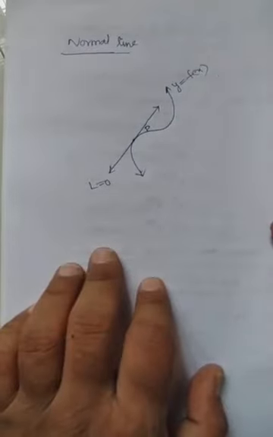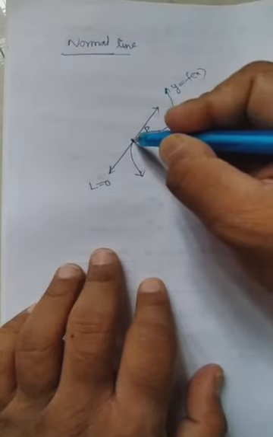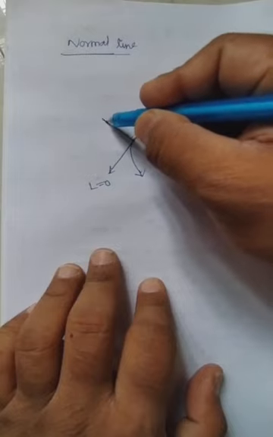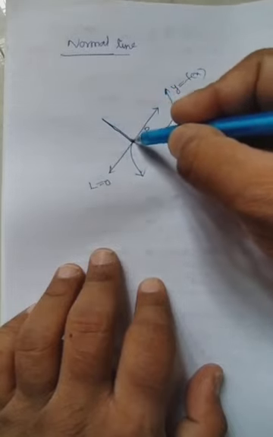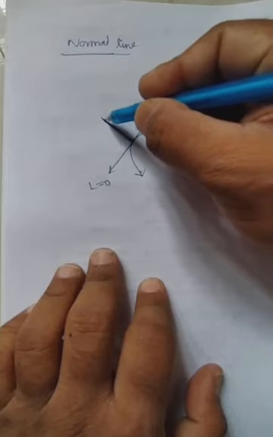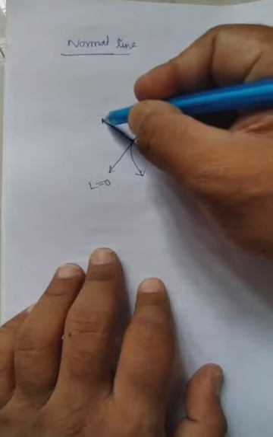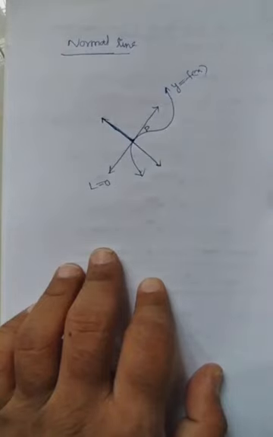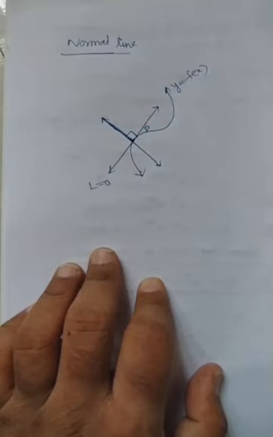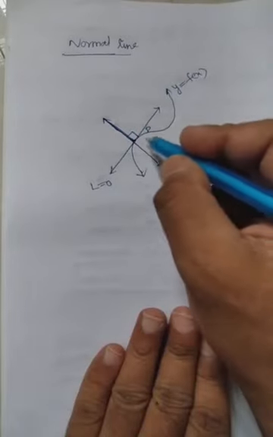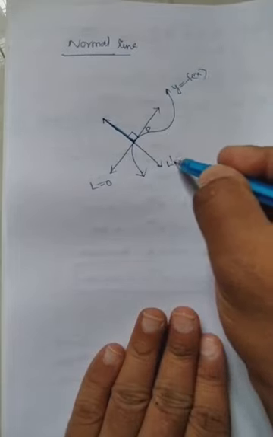And what is the normal line now? The perpendicular line at the same point P. This is the perpendicular line I am drawing to the tangent line at the same point P, and I am naming it as L dash is equal to 0.